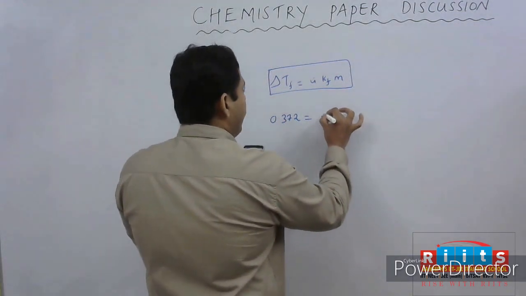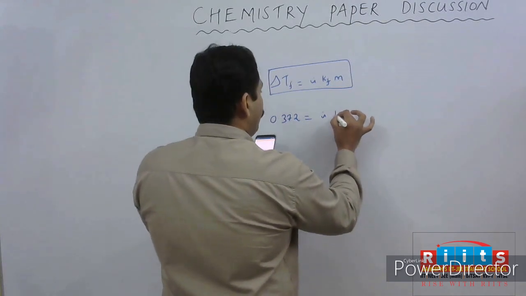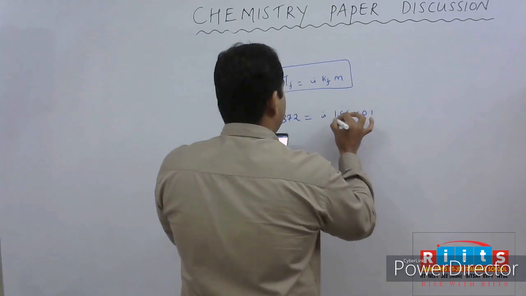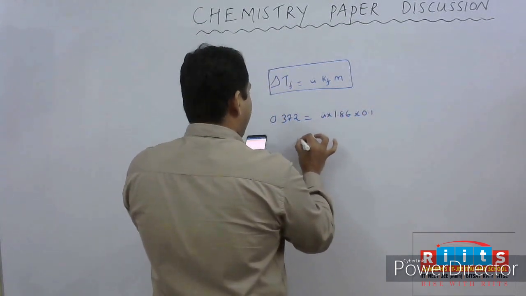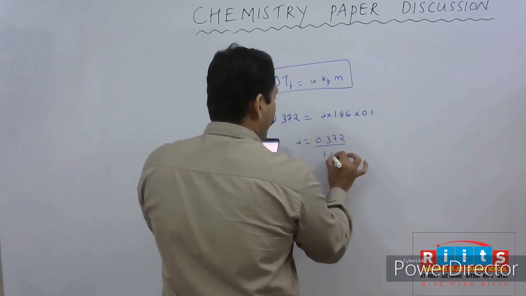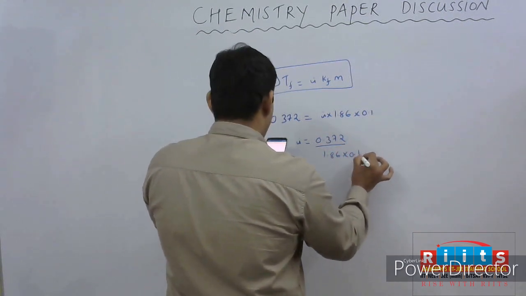We do not know the i value. Kf is given as 1.86 and molarity is given as 0.1, correct? So we can find the i value. i is equal to 0.372 divided by 1.86 into 0.1, correct?